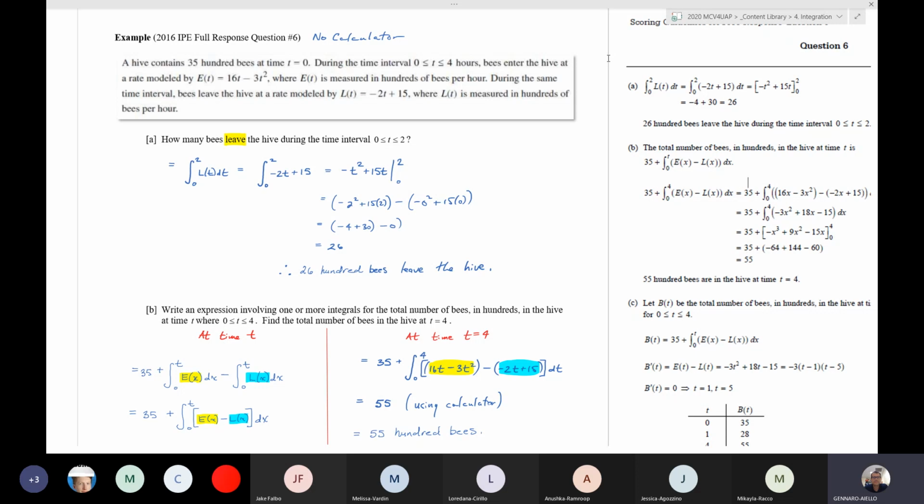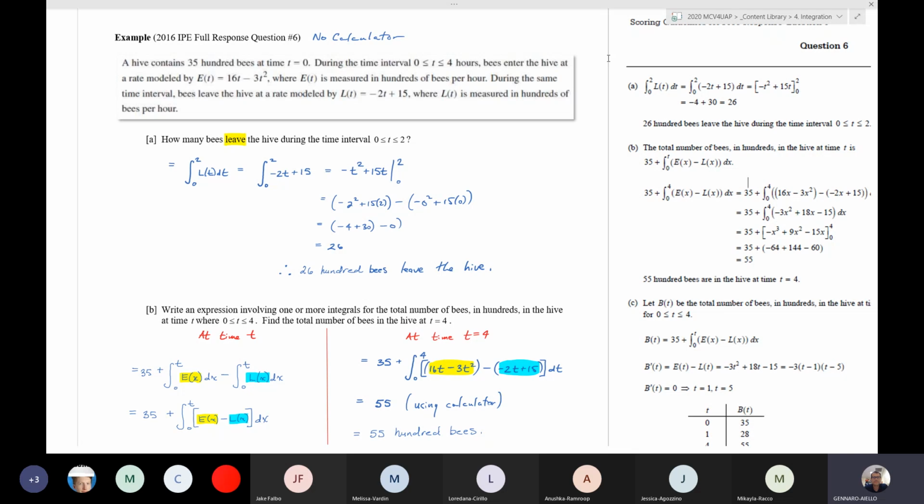So the context is a little simpler than the last question, even though it's pretty much the same idea. Something is being added and removed, and this time we're talking about bees. Part A: how many bees leave the hive during the time interval from 0 to 2?